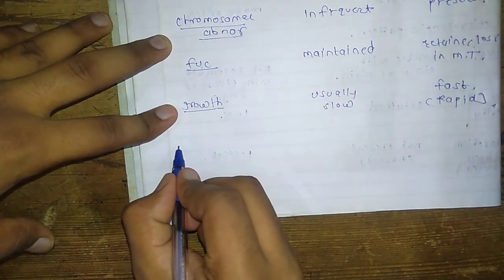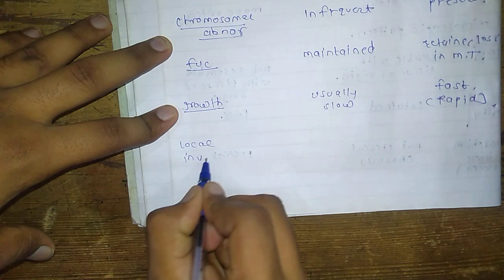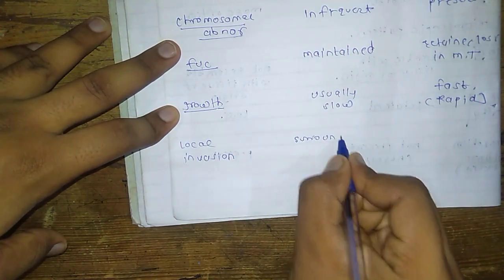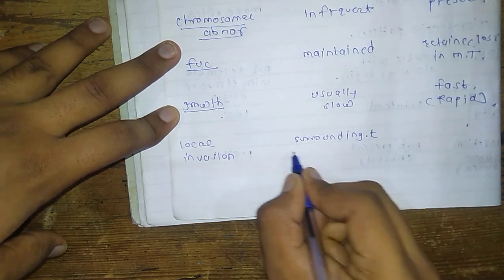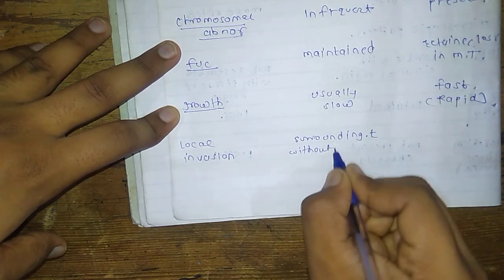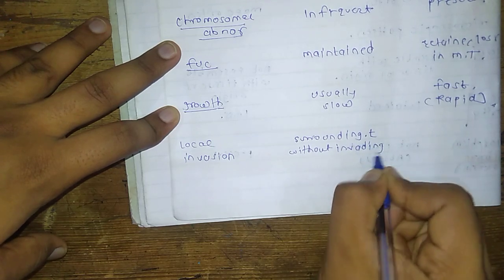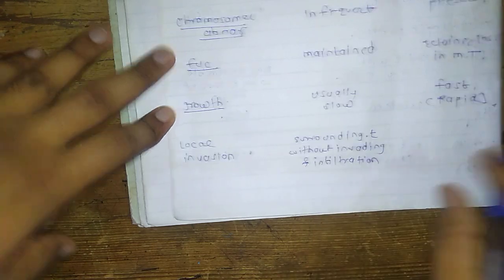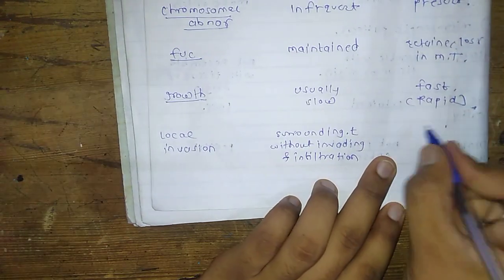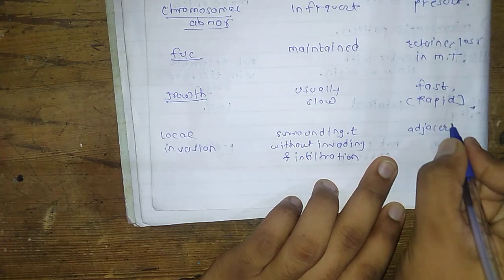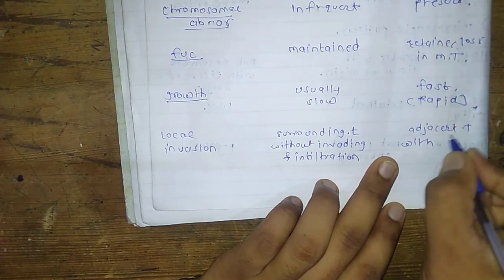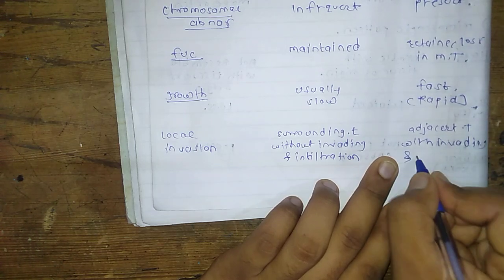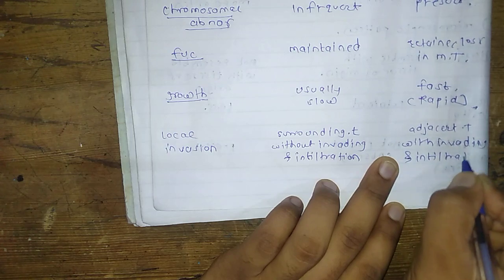Then we go toward local invasion. In benign tumor, the surrounding tissue is without invading and infiltration, and in malignant tumor the adjacent tissue is with invading and infiltration.